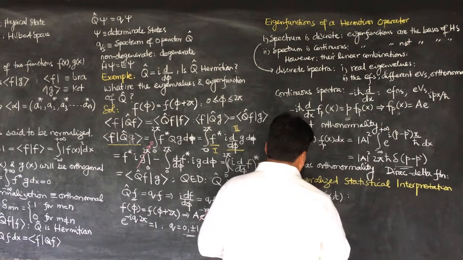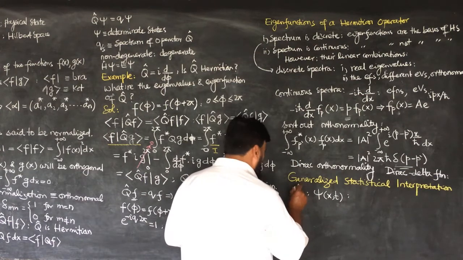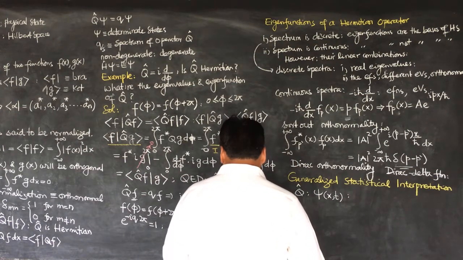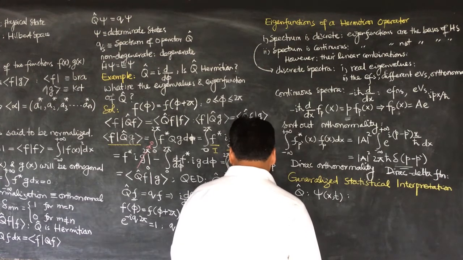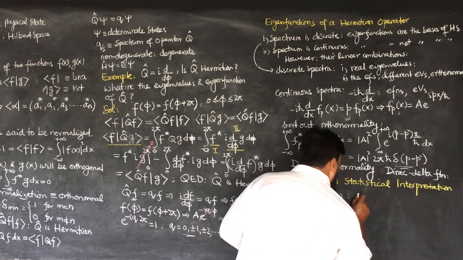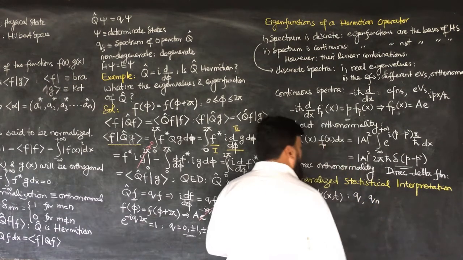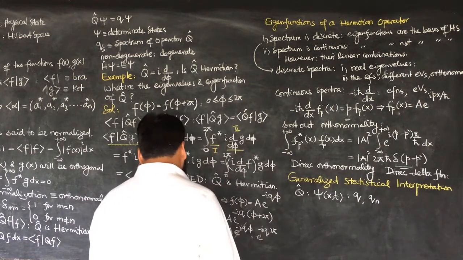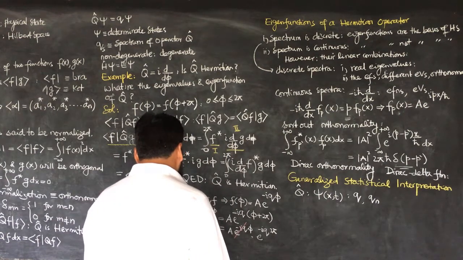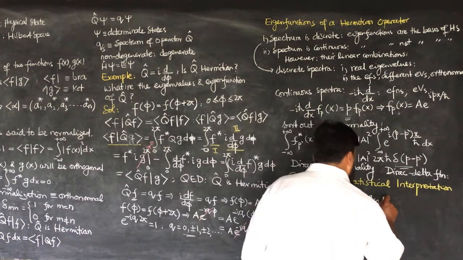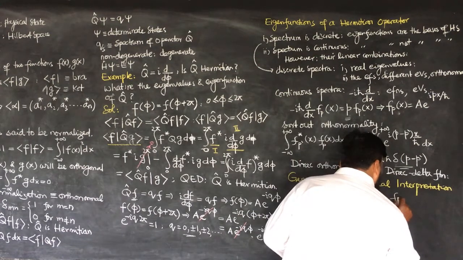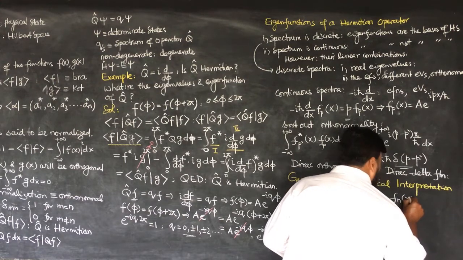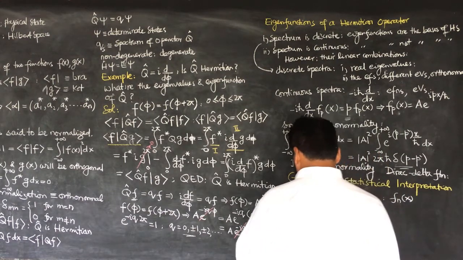If the eigenvalues of this Q operator are discrete, then the probability of getting the eigenvalue Qn will be given, and they will be associated with orthonormal eigenfunctions, which we will call fn(x).